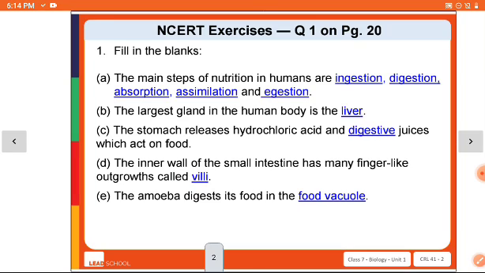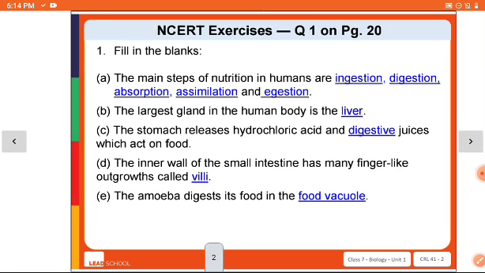The first blank: the main steps of nutrition in humans are digestion, absorption, assimilation and egestion. Second, the largest gland in the human body is the liver. Third, the stomach releases hydrochloric acid and digestive juices, which act on food.